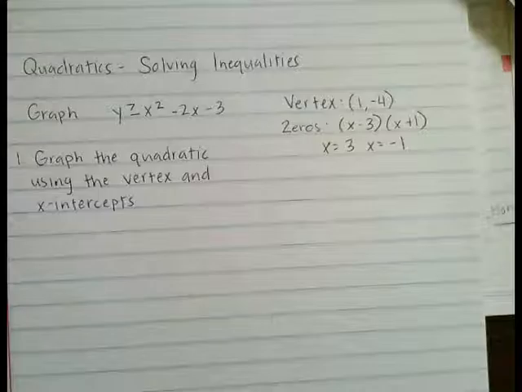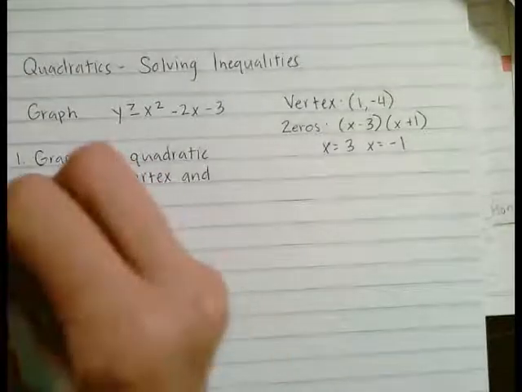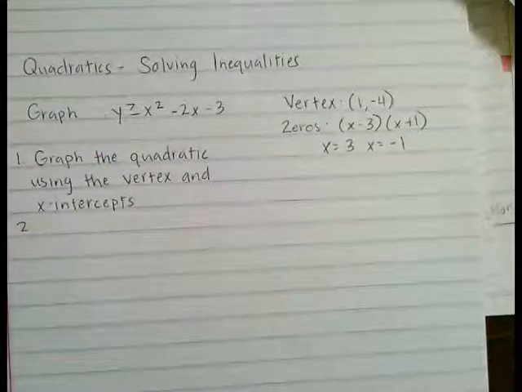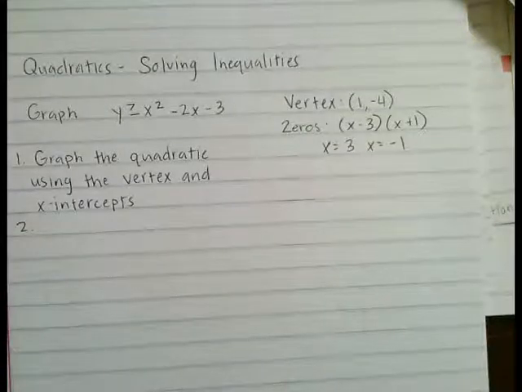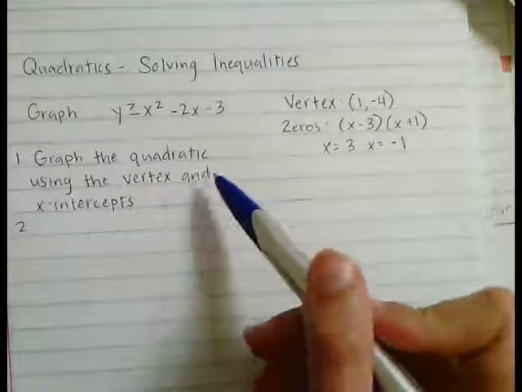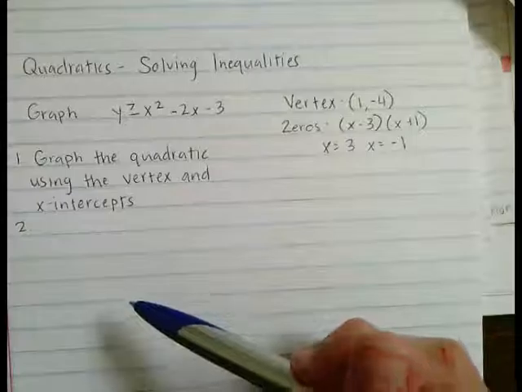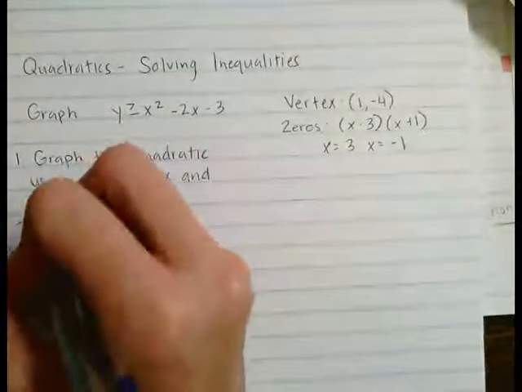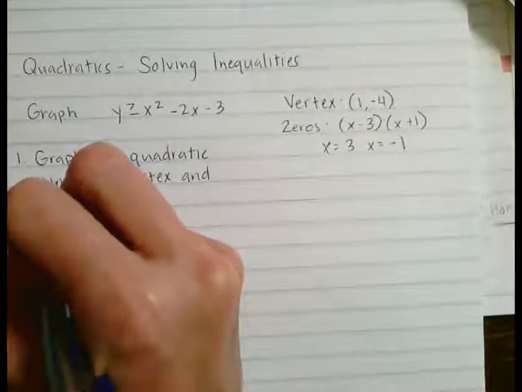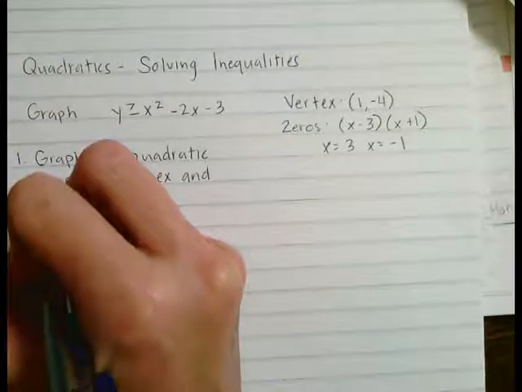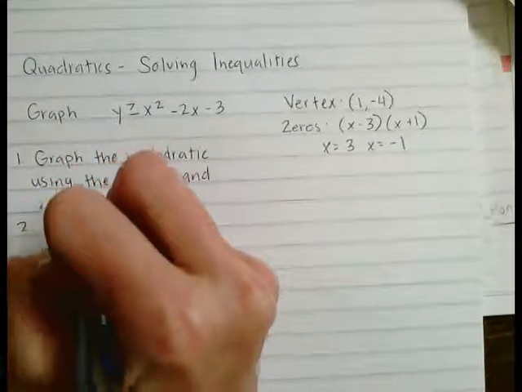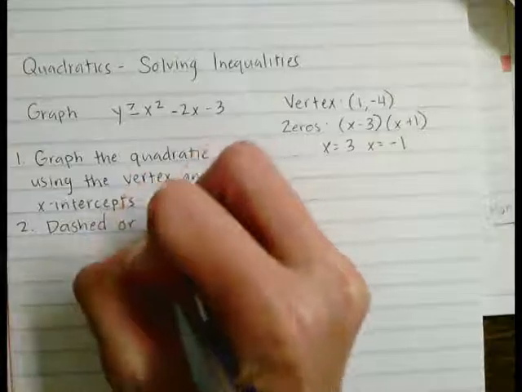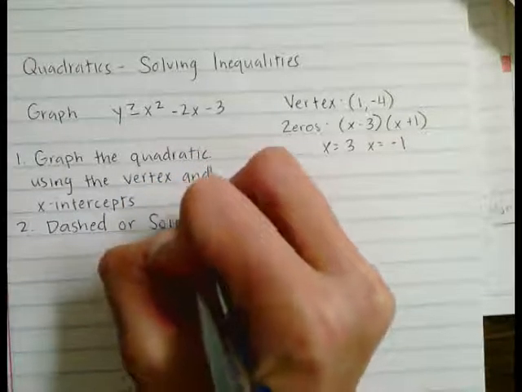Okay. After that, it's just like a linear inequality. I want to kind of make those two connections. So you graph it just like you would normally a quadratic, and then you decide what type of line. You're going to ask yourself, dashed or solid line.